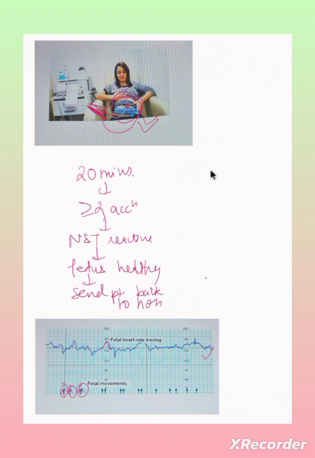But if in 20 minutes you are getting less than 2 accelerations, that means what? It is non-reactive. But first of all, we will not tell her it is non-reactive. If in the first 20 minutes it is coming less than 2 accelerations, I will repeat the NST for 20 more minutes.